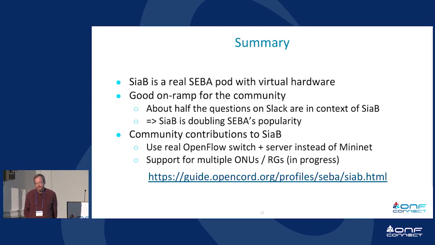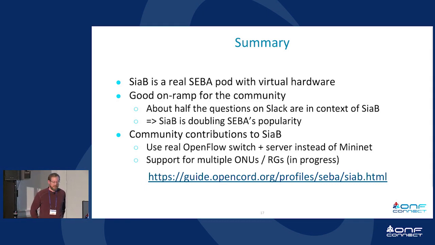What is the target for multiple ONUs? And also, do you have any consideration to support multiple OLTs? So the first question, what's the target for multiple ONUs? I think the hard work has already been done there by the contributor, and it's just a matter now of cleaning up his work and figuring out how to integrate it with the Helm chart. So I would expect that should happen pretty soon, maybe in the next couple of weeks.